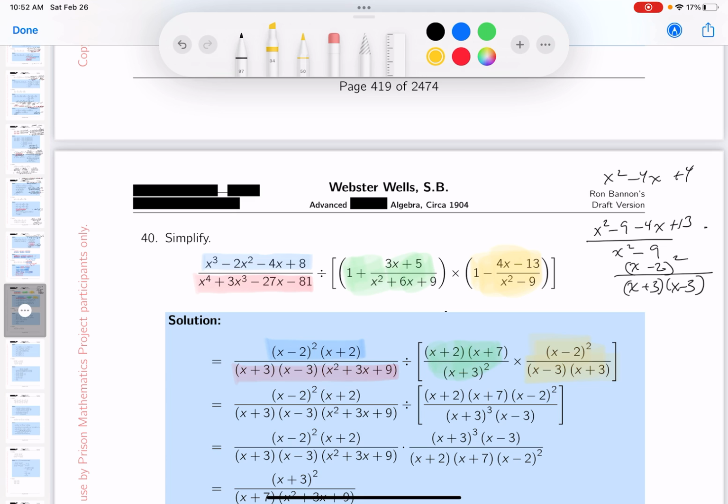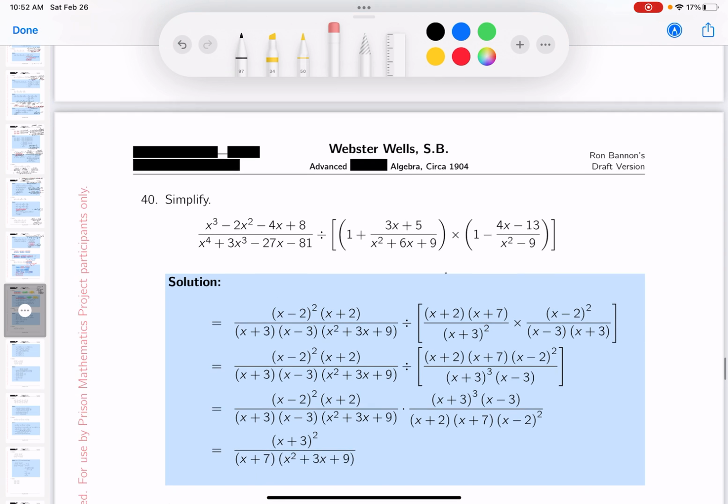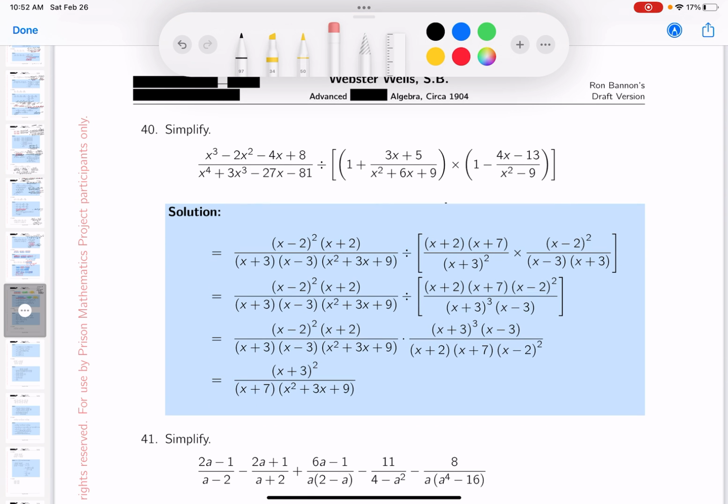You're not kidding. Next thing I want to do is rewrite the division as a multiplication problem. Let me erase this business over here. I'm pretty good at matching that. I want to see if I match the next thing. Relatively simple, just a recopy of the problem. I just took the factors on top: x plus 2, x plus 7, x minus 2 squared.